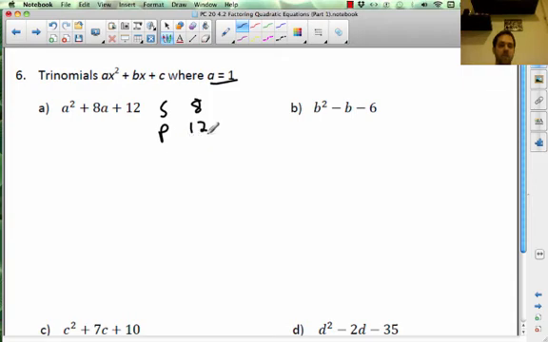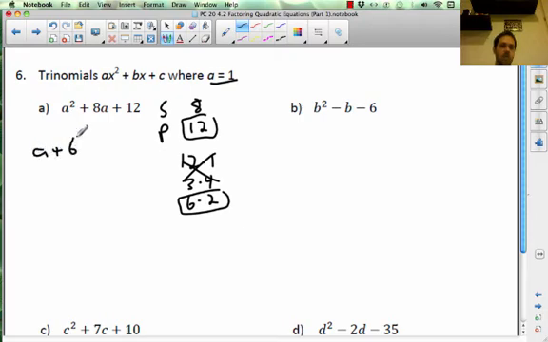So let's only focus on the positive factors of 12. We have 12 and 1, we have 3 and 4, and we have 6 and 2. We want to choose the two that add up to 8, and of course that is 6 and 2. So we go a plus 6, a plus 2, and we're done.